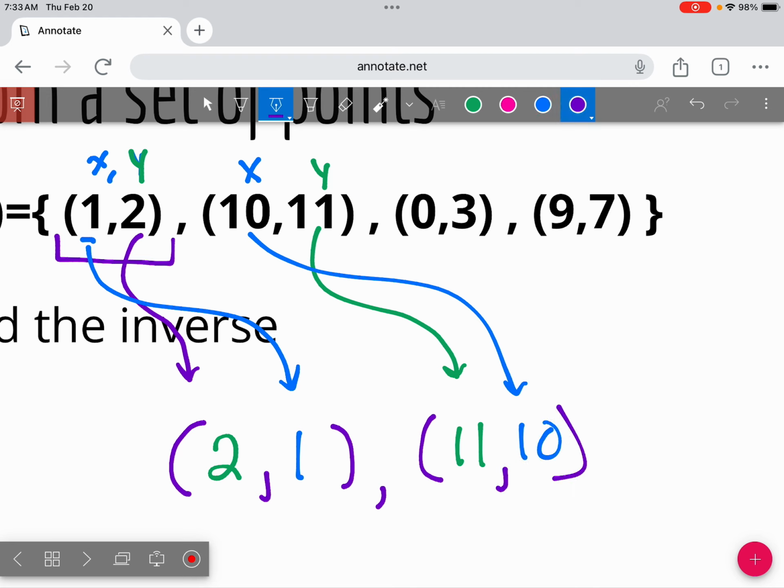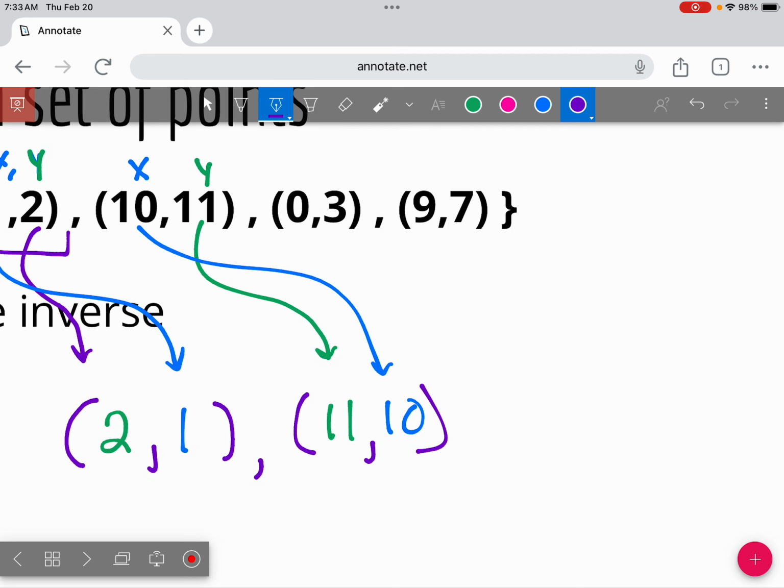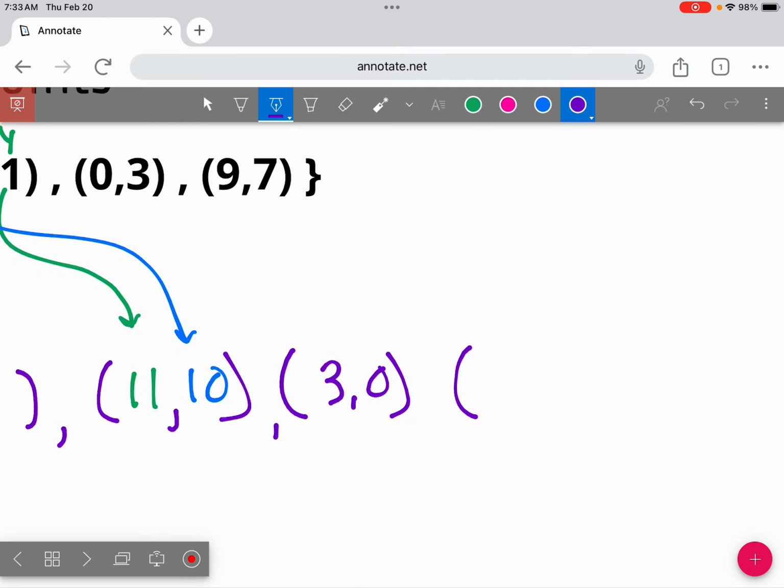There's our comma in between and our close parentheses. So we're literally taking our x, taking our y, and having them swap. So for 0, 3, what's our new point going to be? 3, 0. For our point 9, 7, what's the new point going to be? 7, 9.